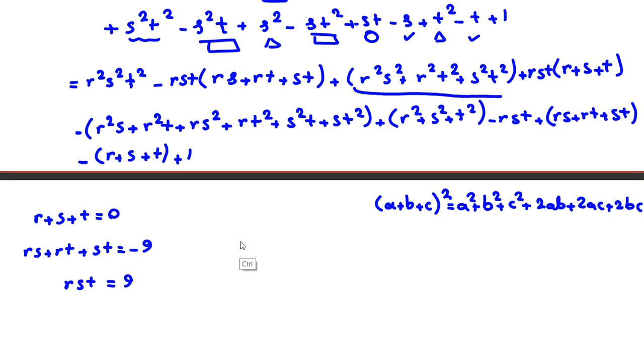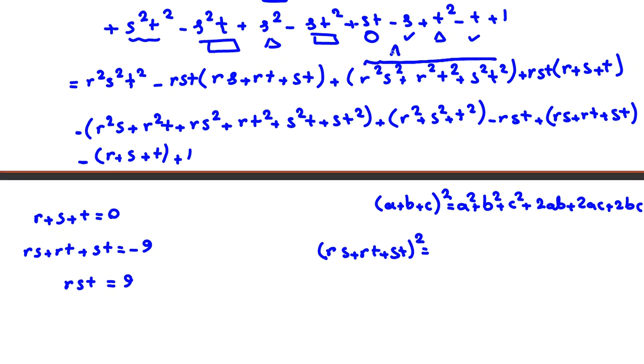Now I want to focus on this part. rs plus rt plus st squared is r squared s squared. Let's call this one big A. It is big A plus 2 times rs times rt, which is r squared st, plus rs st, 2rs squared t, plus rt st will be 2rst squared.